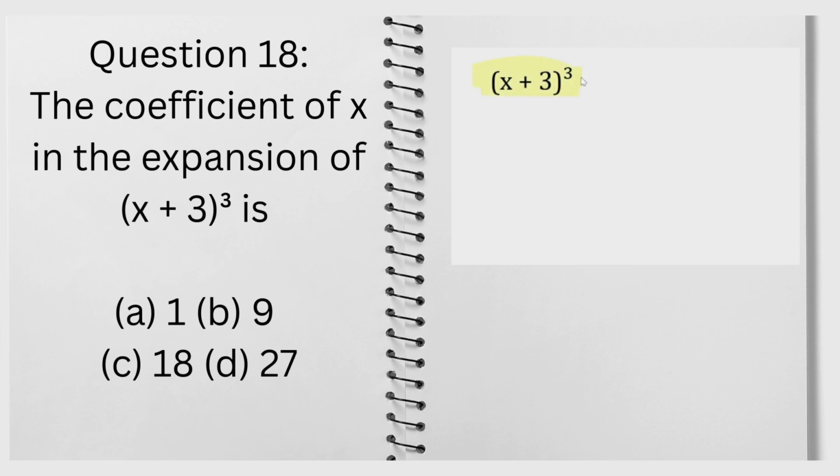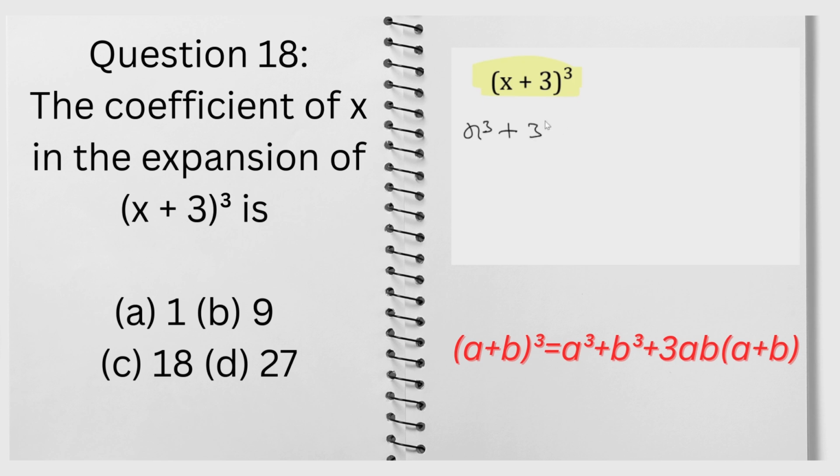In order to find the coefficient of x, first we are going to expand this applying the identity of a plus b whole cube. So it is a cube plus cube of the second term, that is b cube, plus 3 times a, which is x here, and b, which is 3, that multiplied by a plus b, that is x plus 3. So this is x cube only. 3 cube is what? 27.